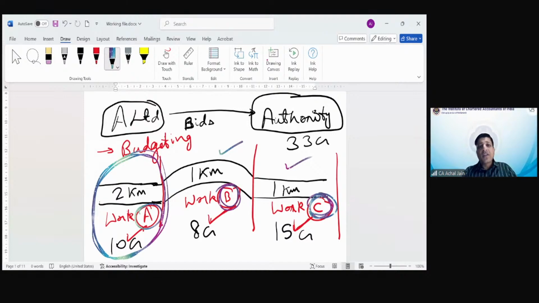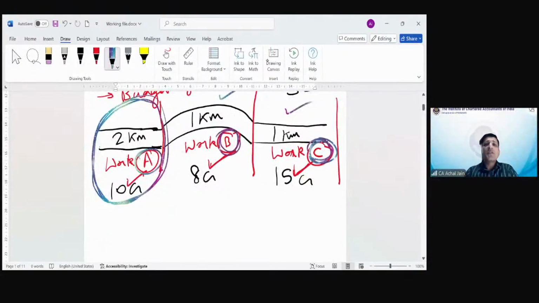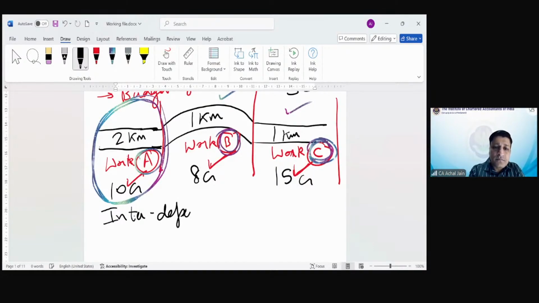So now what is the relevance of this? If in case these three contracts happen to be interdependent, then what will happen? A Limited will not be able to recognize revenue for contract A separately, B separately, and C separately.